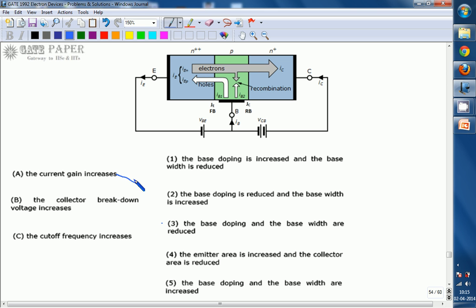So A is related to C. You can write it as A3.